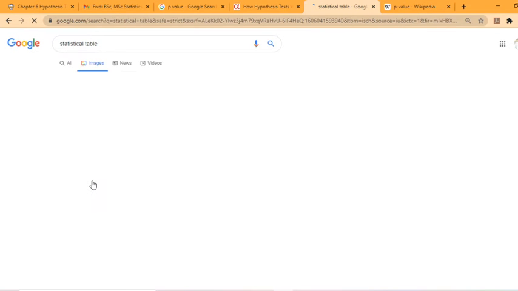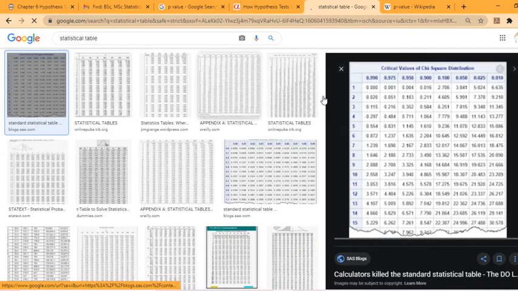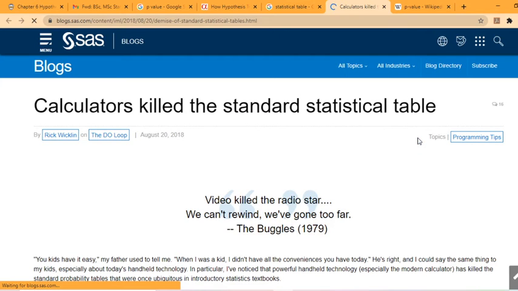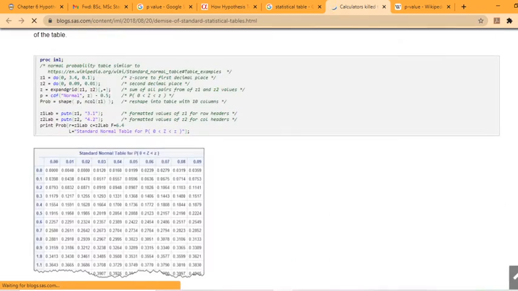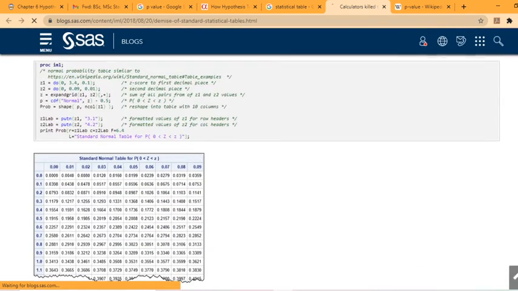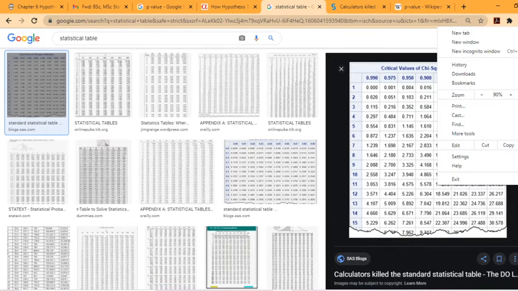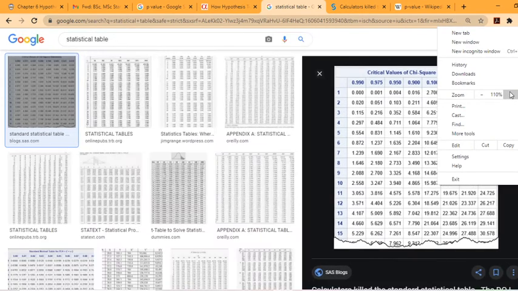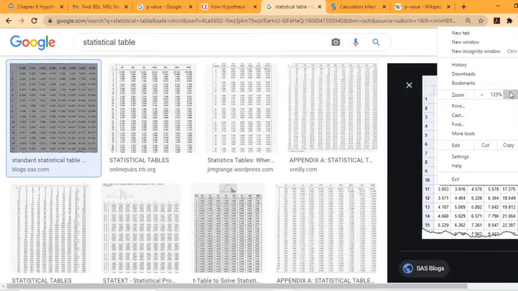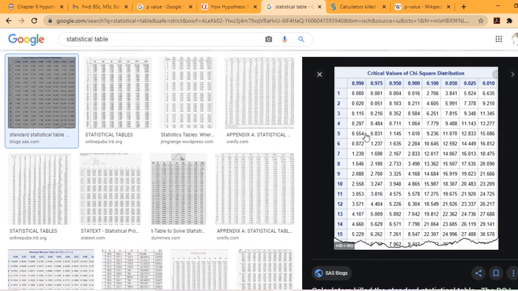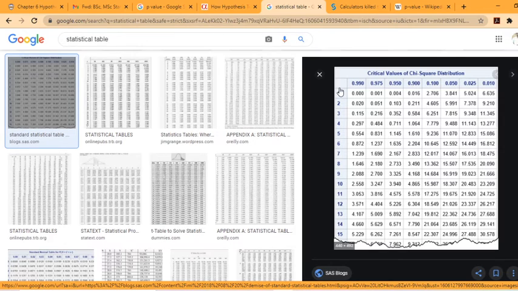Okay, look at this table. Can you see this? Is it visible? When we look at this table, you know, this is for chi-square distribution.